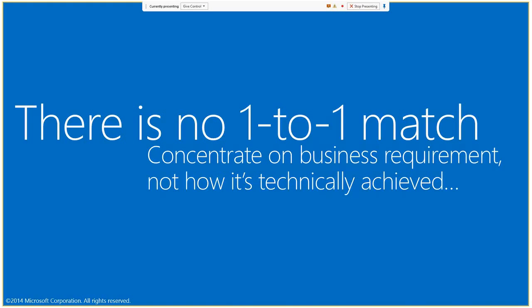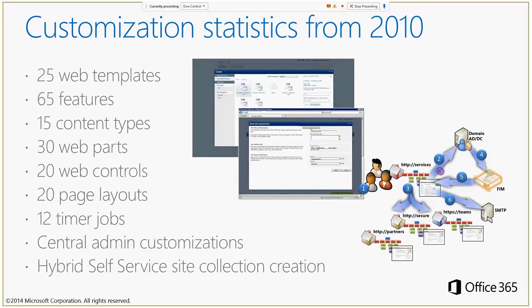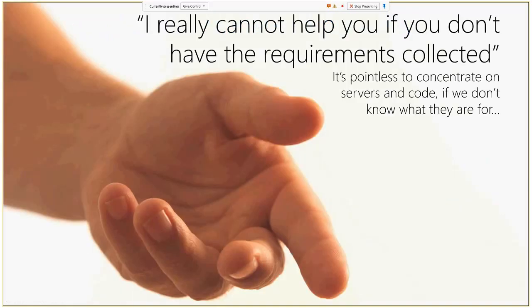And the following thing is to really understand what those functionalities are for. We need to understand why we implemented them in the first place. Why did the customer or the business ask for this functionality? We shouldn't just convert every single bit and piece because we kind of know why it's there.